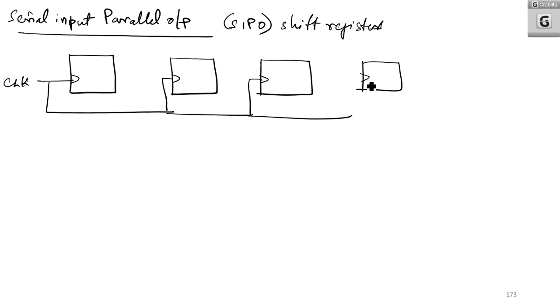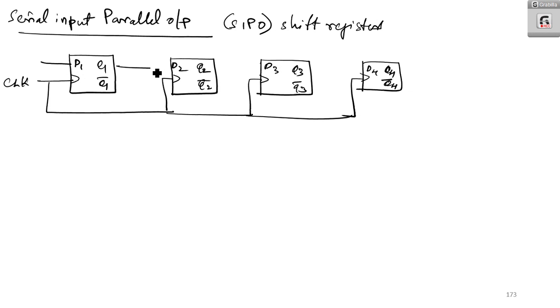Here also clock is common. So here you have D1, Q1, Q1 bar, D2, Q2, Q2 bar, D3, Q3, Q3 bar, D4, Q4, Q4 bar. Here the only difference is data is coming in here.